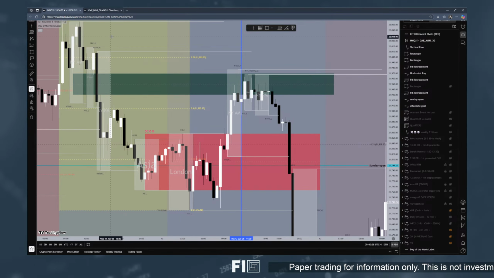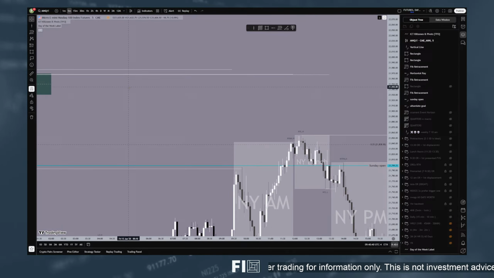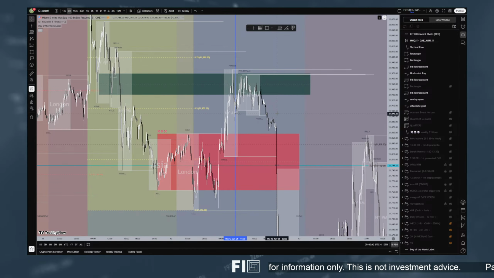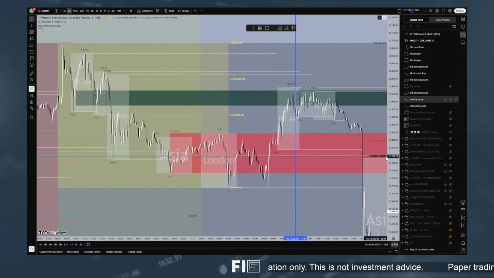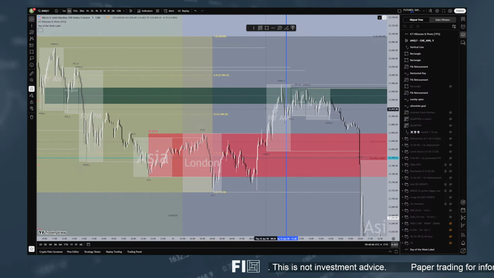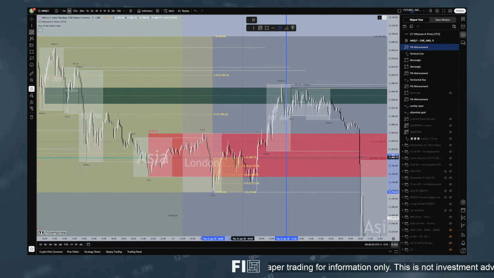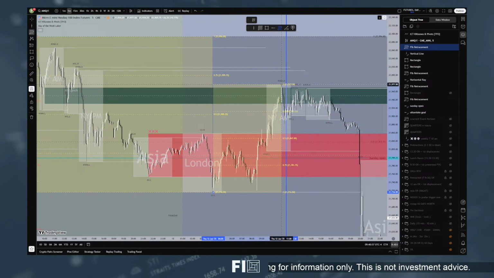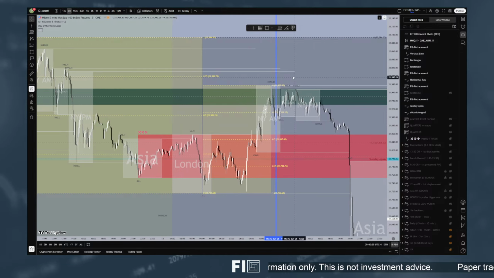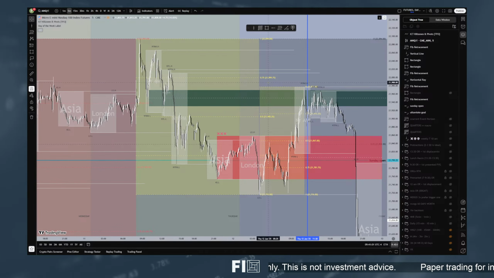Let's see here. Let's go into the 5 minute. You'll see that we had a mini dealing range continuation to go up higher. Where do you see the equal lows?